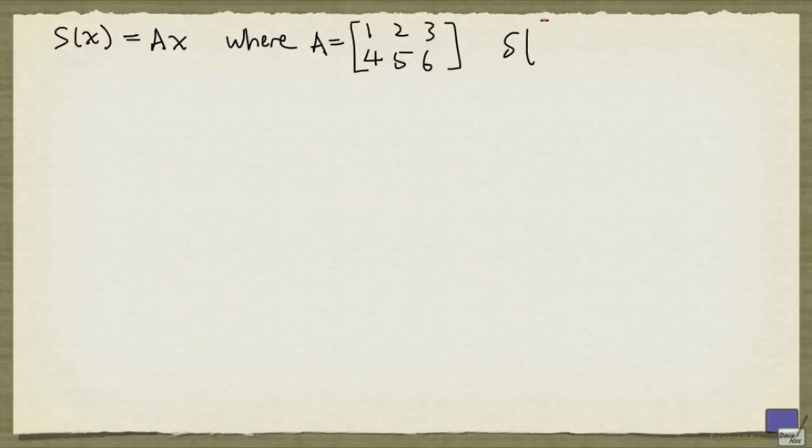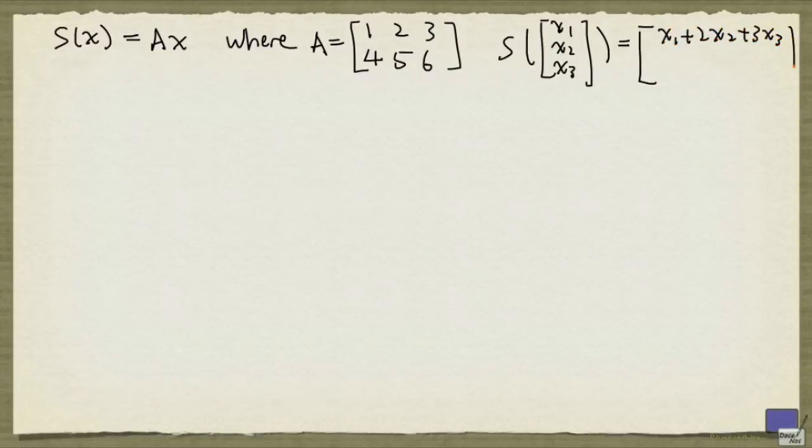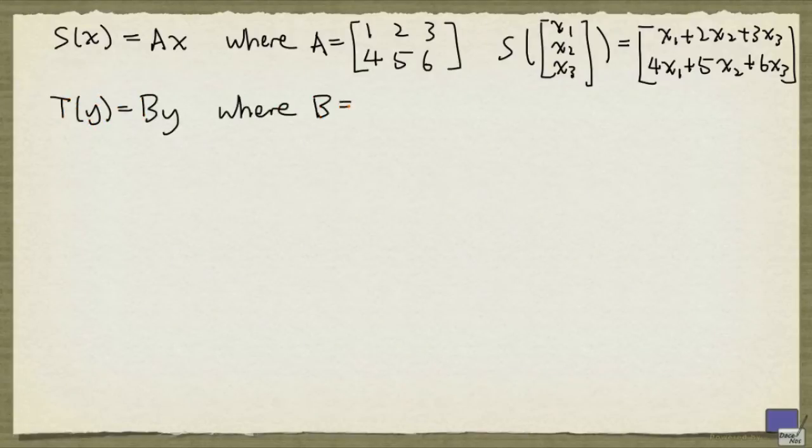So if you write this out, S of x1, x2, x3 is given by x1 plus 2x2 plus 3x3 as the first component, and the second component is 4x1 plus 5x2 plus 6x3. The second linear transformation is T of y equals By, where B is the matrix with 7, minus 1 in the first row and minus 2, 1 in the second row.